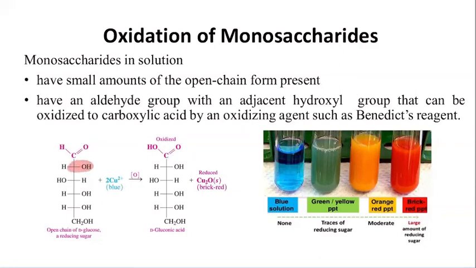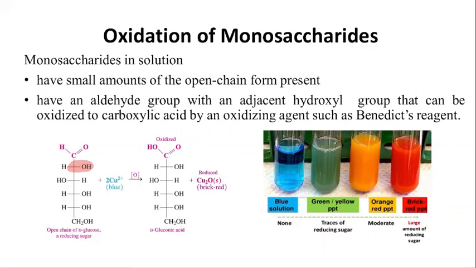So as long as your molecule has that, like many monosaccharides do, then the Benedict's reagent will be able to oxidize the sugar, from aldehyde to carboxylic acid. In the process, your copper reagent is being reduced by the sugar, okay?